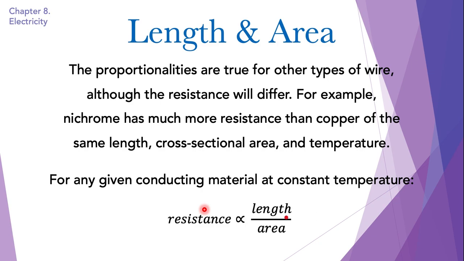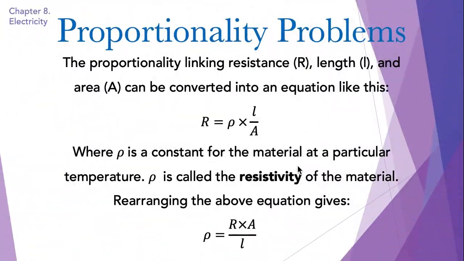Now that we've understood resistance pretty well, and the different equations of resistance, we're going to do some proportionality problems here. Questions, in other words. The proportionality linking resistance, length, and area can be converted into an equation like this.